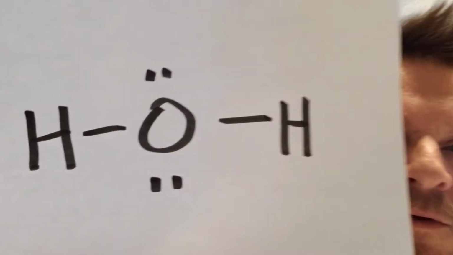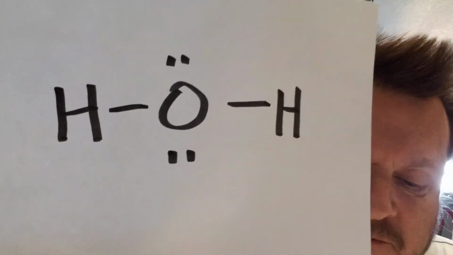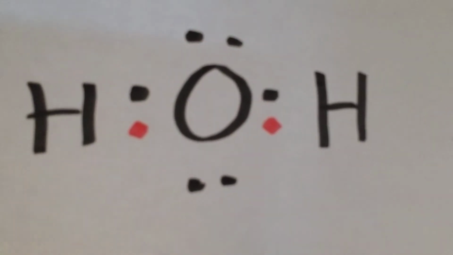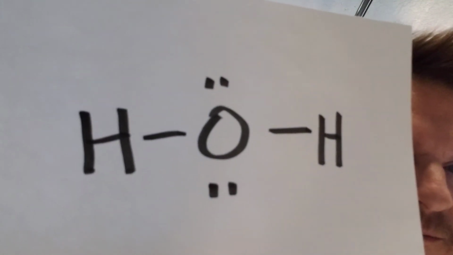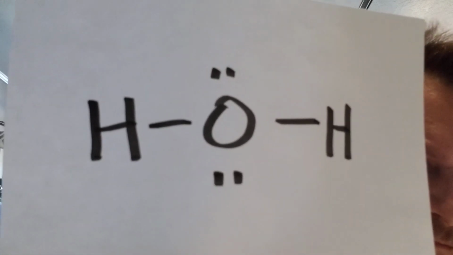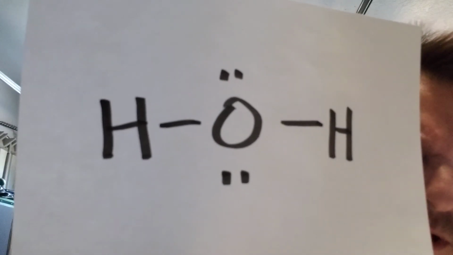We still keep the dots for the oxygen. So it would look like that now. It'll go from having the shared electrons as dots to having a line like that. Okay? And that is H2O, and that's a water molecule.